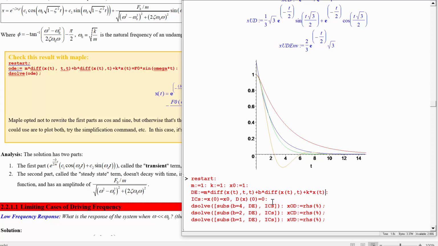Let's, instead of specifying different b's at different times, let's fix b to some small number. So b is, let's say 0.5. And now what we're going to do is just solve the differential equation, plot that.